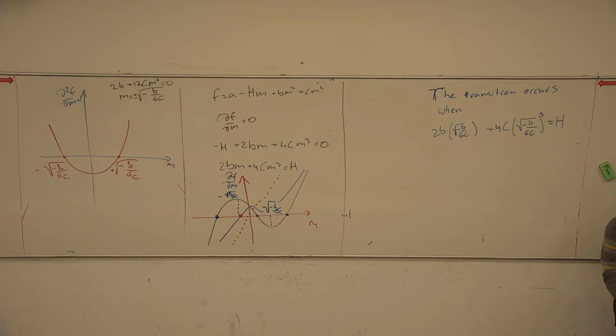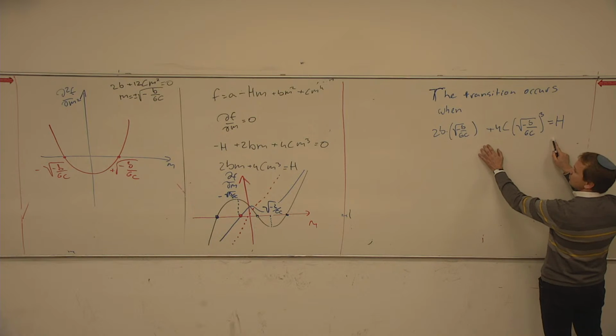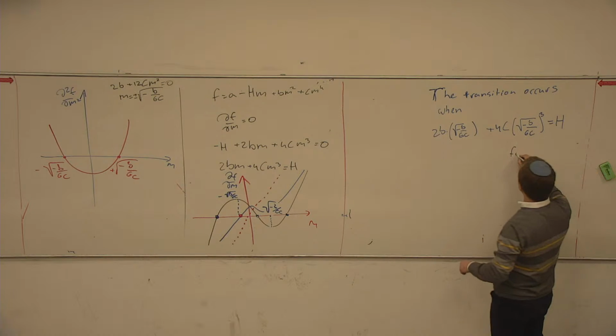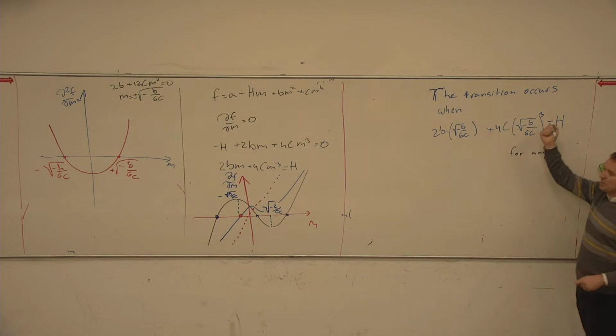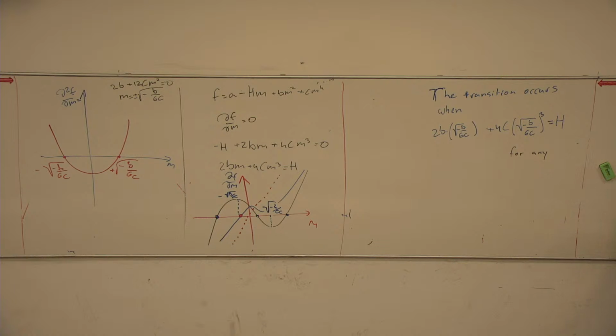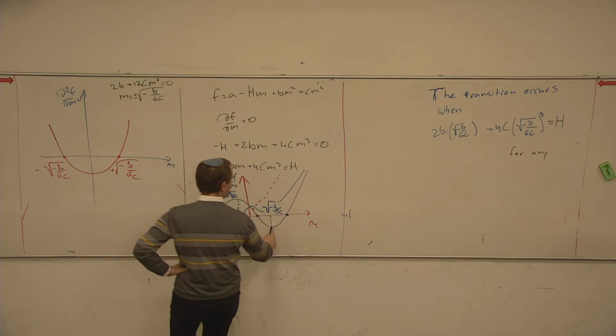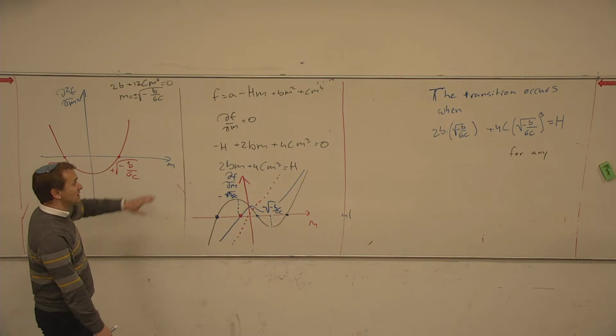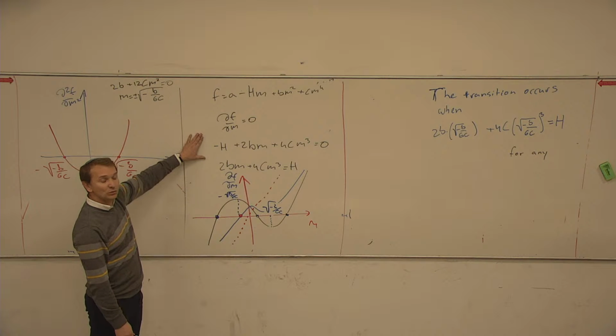We can solve this when it is exactly 0. This is for any h. H can be positive or negative, but exactly when we solve this, we find out when this additional minima occurs, above 0 or below 0. This is the only thing that matters, because we try to solve this equation. Questions? No?